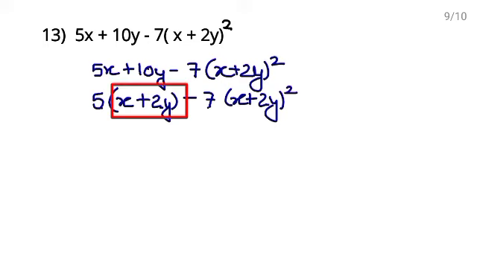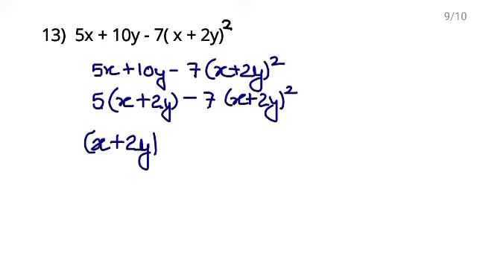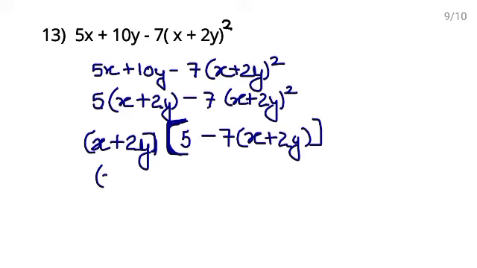Now this is x plus 2y, or we can say (x plus 2y) raised to the power 1, and this is (x plus 2y) raised to the power 2, right? So we will take common the least power. जो कम पावर है उसको कॉमन लेंगे, (x plus 2y) raised to the power 1, or you can simply write x plus 2y. Clear? Now in bracket we are left with 5 minus 7 into (x plus 2y), because एक पावर तो हमने बाहर ली है, एक पावर still remaining ना. So this is x plus 2y.